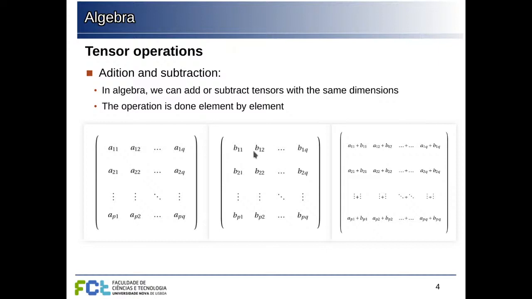So the first one with the first one, the second one with the second one, and so on. This is something that you can do with tensors in TensorFlow. The broadcasting rules are more general than these algebra rules, and the same broadcasting rules that we can use in NumPy, we can also use in TensorFlow.